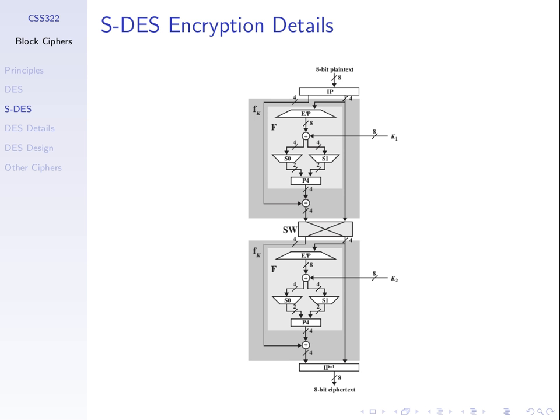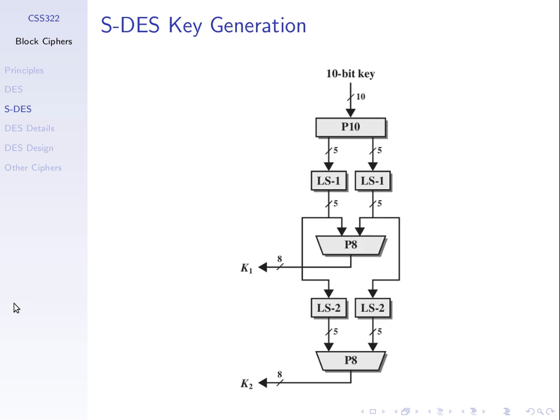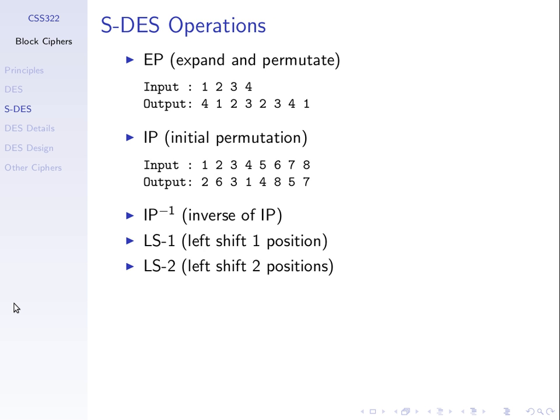So the one question is, what is the inverse of the initial permutation? We define on this slide the initial permutation. What's the inverse? Can anyone tell me? I'll write down what IP is.